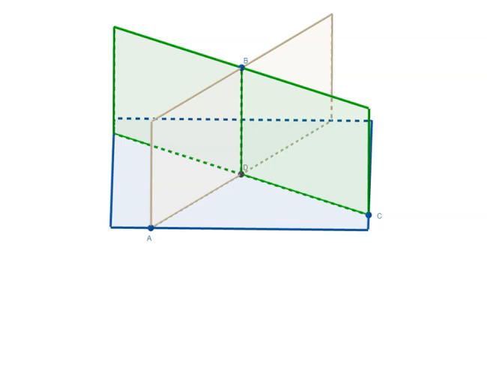So let's say we have DE, which is perpendicular to the line of intersection between the plane AB and the plane of reference.